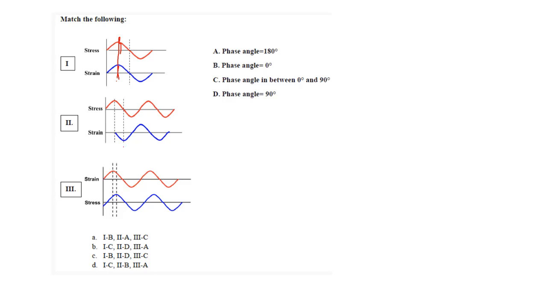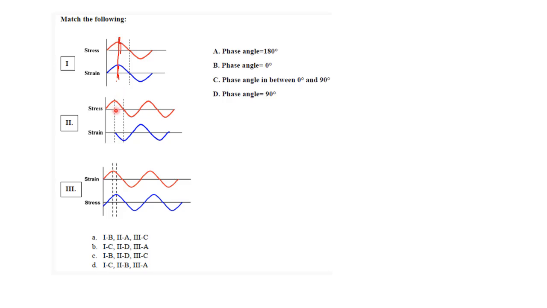In the second one, the maxima of one is the minima of the second one, and in the third one, it is in between. So the first one is showing zero phase angle. That is very simple because there is no phase change or phase shift between the response and what we apply, that is the stress and the strain.